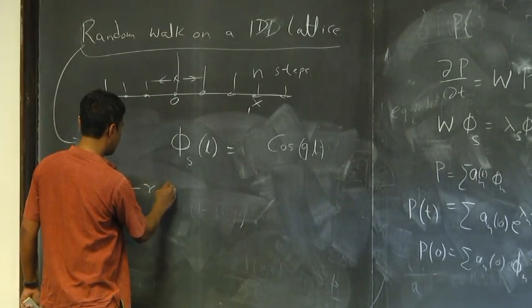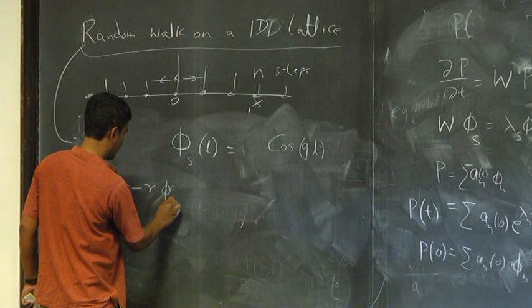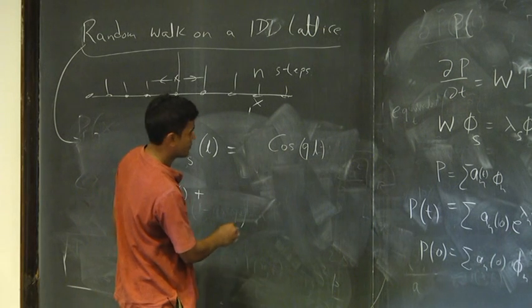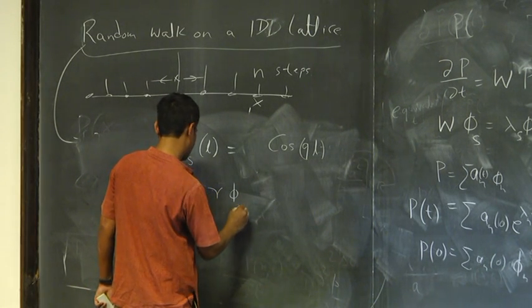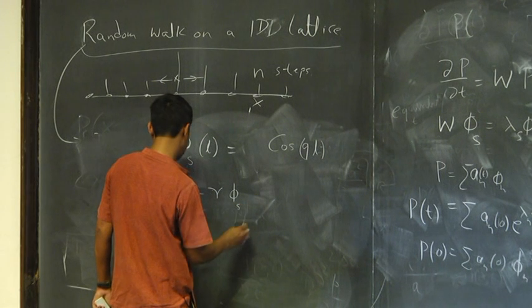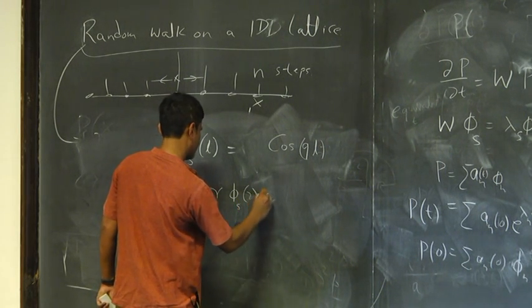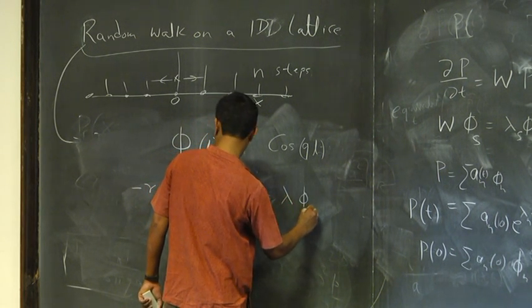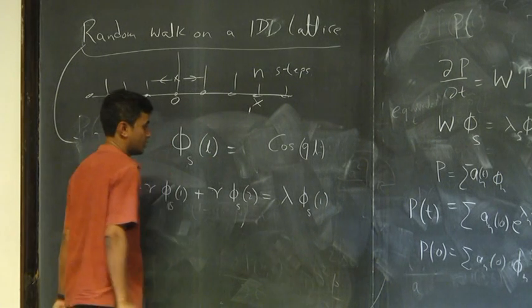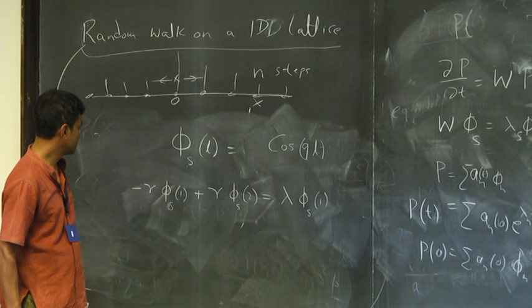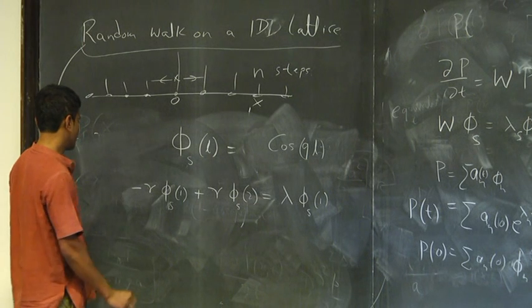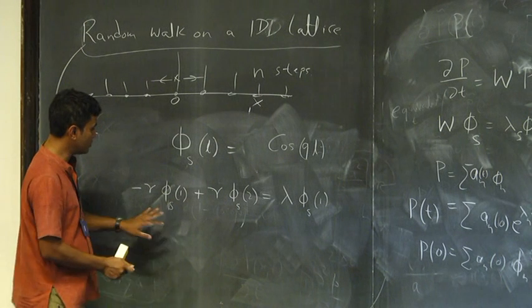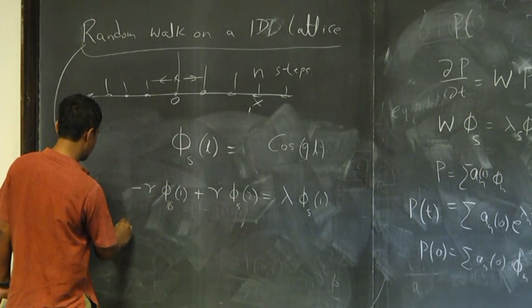If it's minus r phi of s1 plus phi of... and in most places the equation has this form.